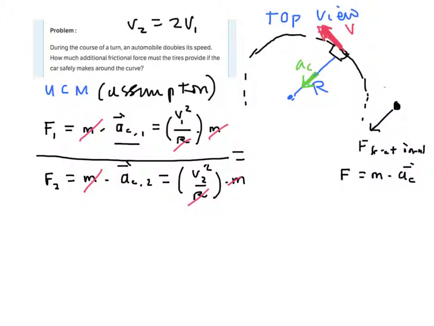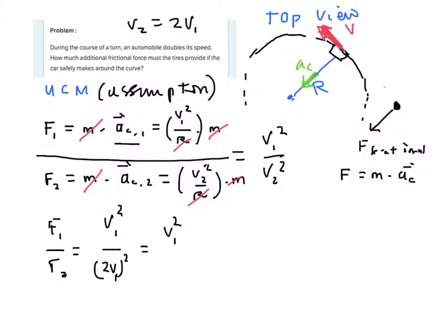And then we have v1 squared over v2 squared. Let me write that down here. F1 over F2 is v1 squared over 2v1 squared, which equals v1 squared over 4v1 squared.